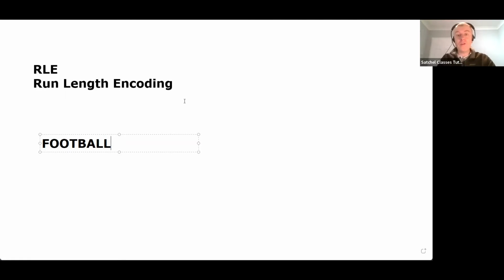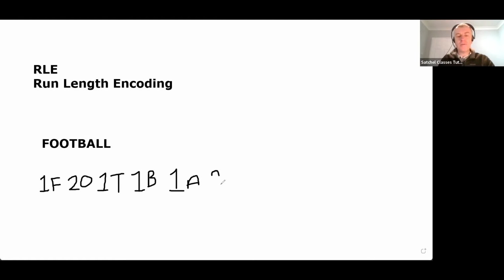So let's compress this with RLE, shall we? We've got 1 F, we have 2 O's, 1 T, 1 B, 1 A, and 2 L's. I send that to you, and then you can unpack it at your end.